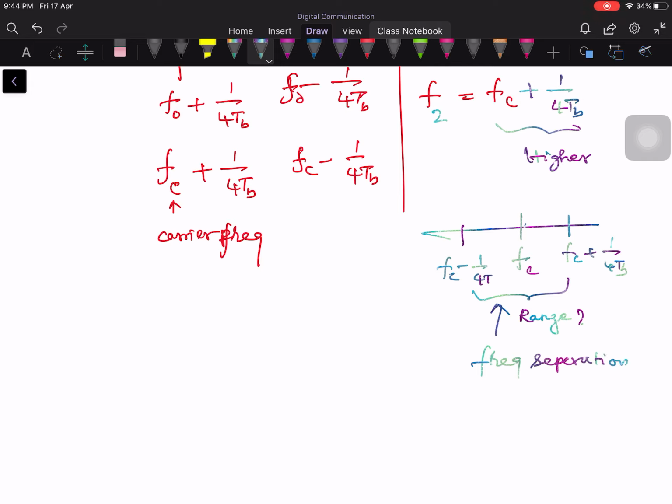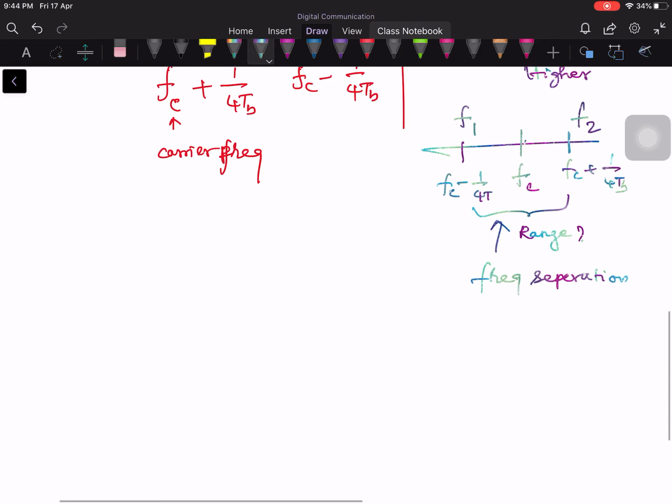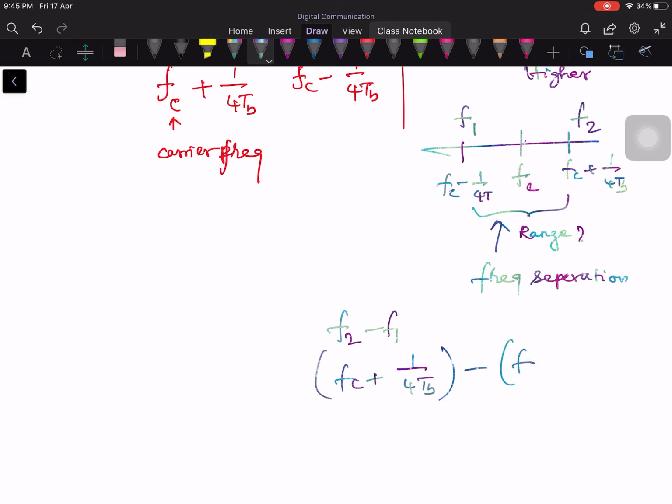Therefore, the frequency separation between these two frequencies is given by F2 minus F1, that is Fc plus 1 over 4 TB minus Fc minus 1 over 4 TB, and Fc gets cancelled.